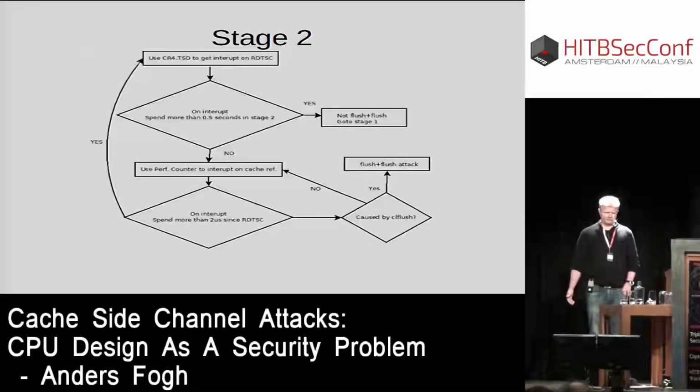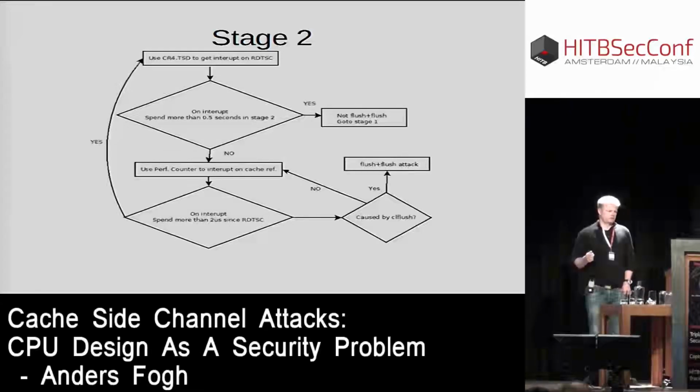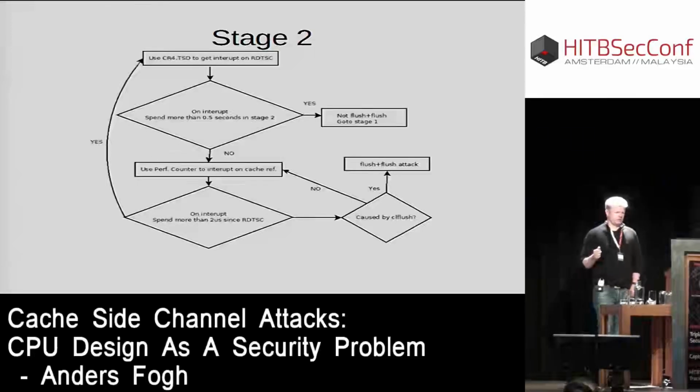In fact, so rare I have not found a benign program that actually uses one, but that's another thing. If it's not caused by a CL flush instruction, we could assume that the attacker has put in a cache reference event to lead me astray to obfuscate his attack. And that's the reason that we go back to setting up the performance counters to get an interrupt on the next cache reference event. And then we just repeat from there.